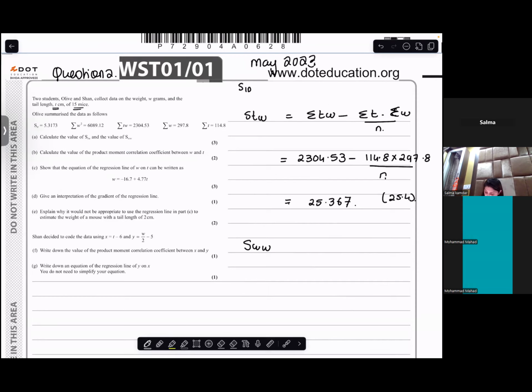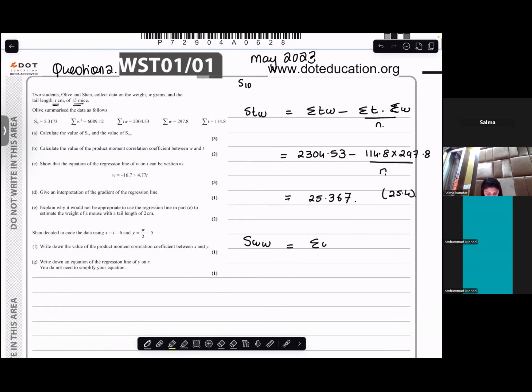SWW is equal to sigma W squared minus sigma W, the whole squared, divided by N. So I have the values.